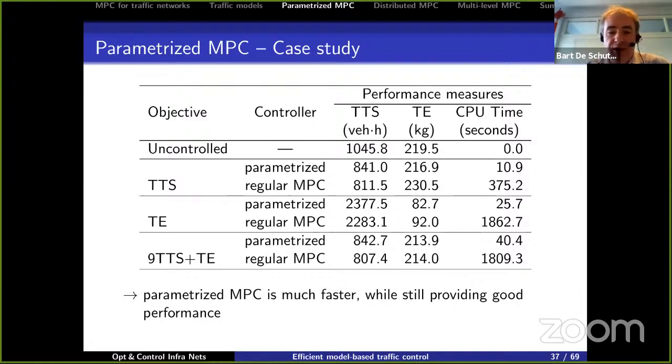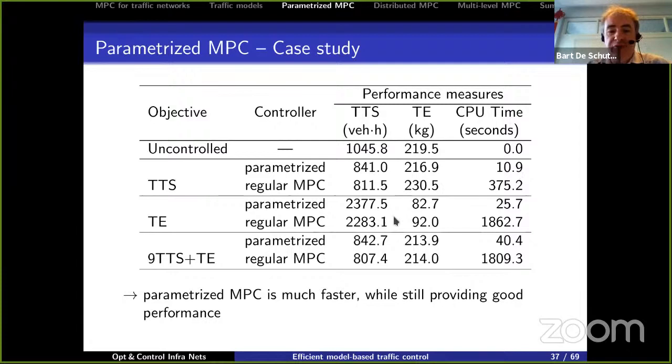If we then look at parameterized versus regular MPC, and we only look at optimizing the total time spent, then we see that with regular MPC, as expected, we can get a higher reduction of the total time spent. But you see that the difference between parameterized and regular MPC is relatively small, whereas we get a huge speed up in terms of CPU time.